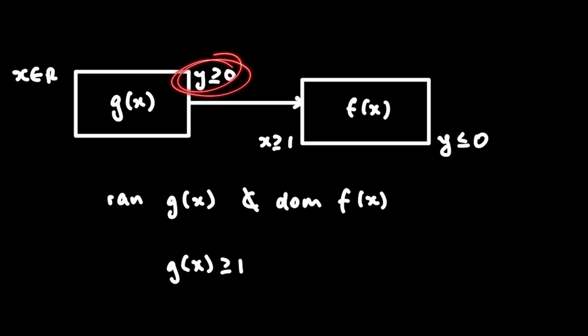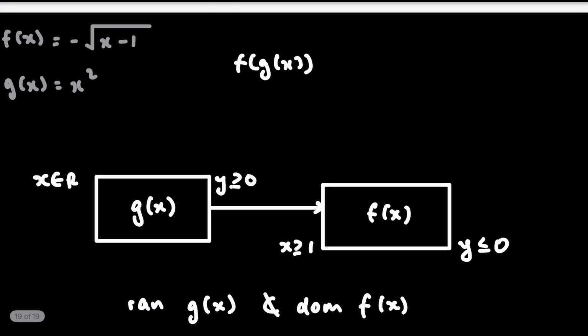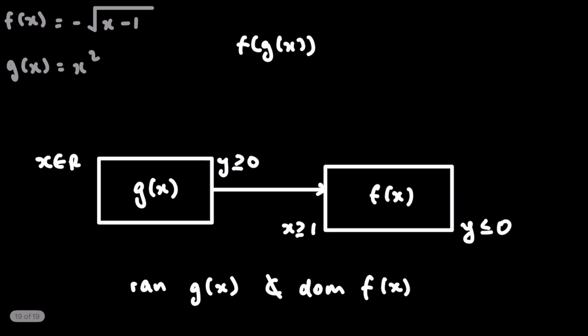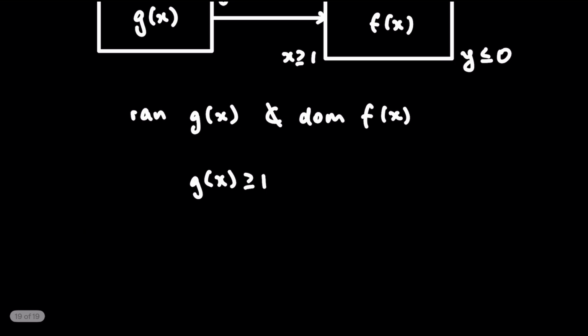We want all the outputs of the first machine to match the inputs of the second one. So we want the outputs here to be more than or equal to 1, simply so all those numbers are allowed to enter the second machine. So if g of x is more than or equal to 1, we know that means that x squared has to be more than or equal to 1.